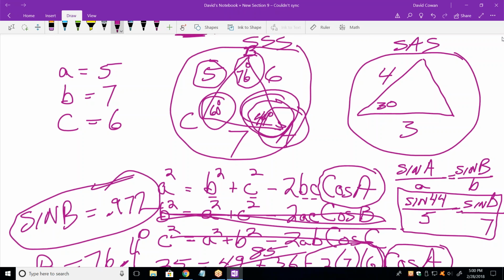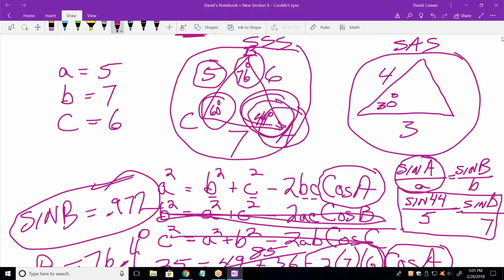Notice why. We can't do the law of sines here. We don't have an angle and an opposite side. The law of sines requires you to have that relationship, at least with one of the angles and one of the opposite sides.